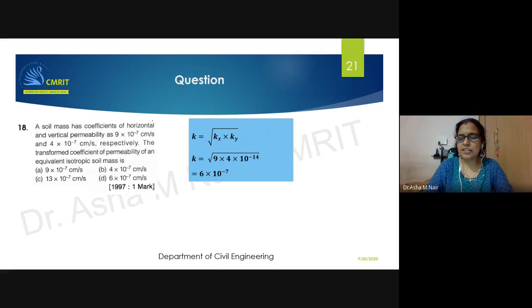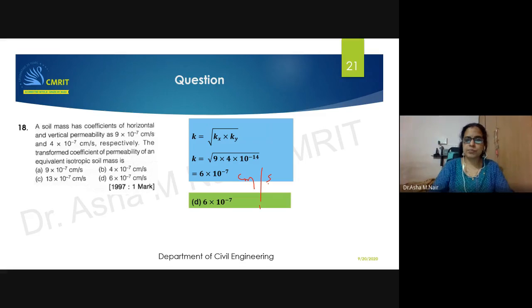The square root of 36 is 6, so 6 into 10 to the power of minus 7. Please note, I have not written down the unit. The unit will be centimeters per second. So the answer is D.